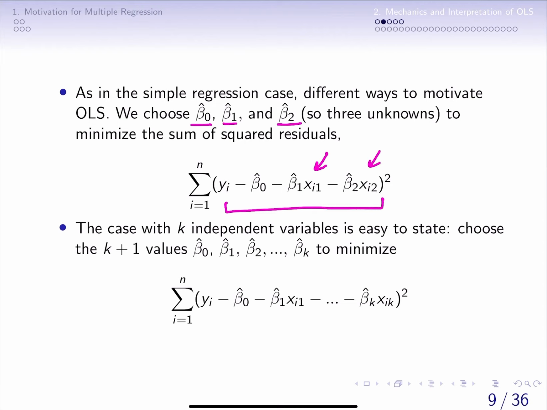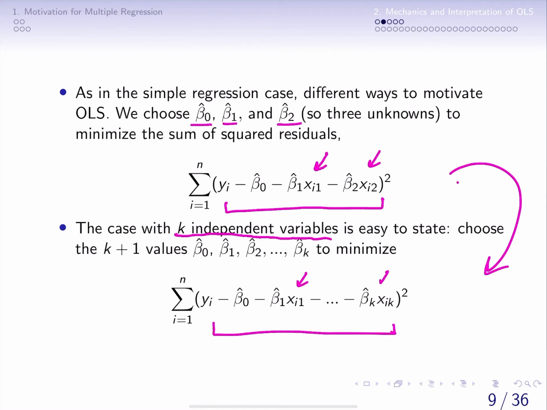x2. Okay, so you can extend this model for the k independent variables case very easily, where we are again minimizing the sum of squared residuals, but we have many more variables.